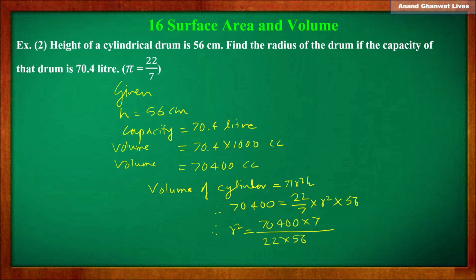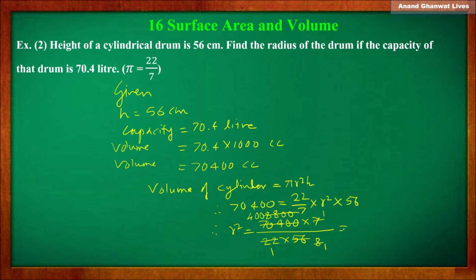So do the calculation here. 7 1 is 7 and 7 8s are 56. 8 1 is 8, 8 8s are 64, 6 is the remainder, again 8 8s are 64 and 2 zeros. 22 1 is 22 and 22 4s are 88.